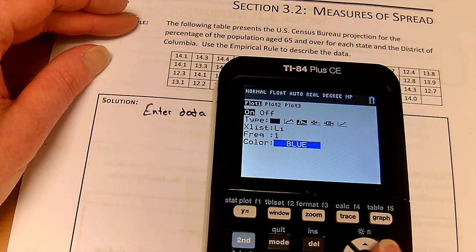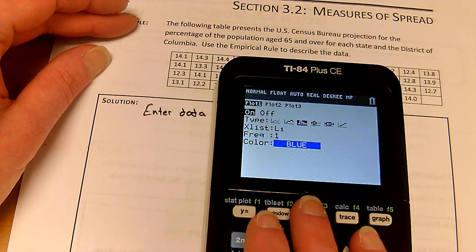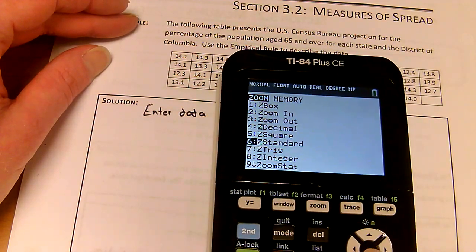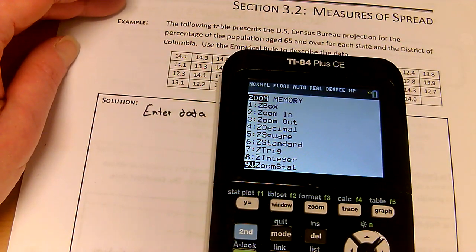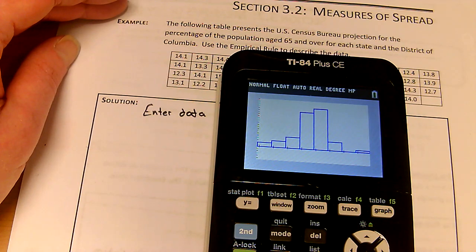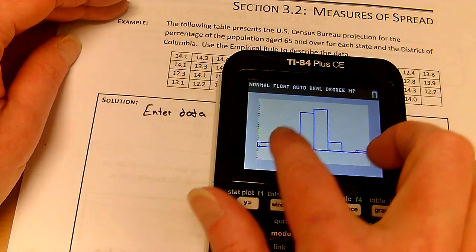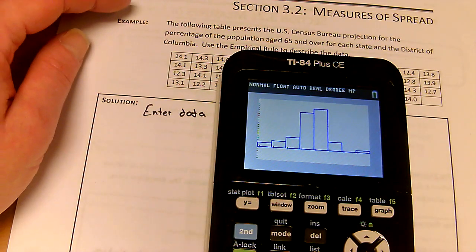I can either make a scatter plot, a connected plot, like a time plot, or this option is a histogram. Now to make sure my window matches, I'm going to press zoom, and there's an option for zoom stat. What that's going to do is make my window match my data. So I'm going to press that, and let's look at what we have. Notice that the majority is in the middle, and if I kind of drew around it, I would have a nice bell. So it is bell-shaped.